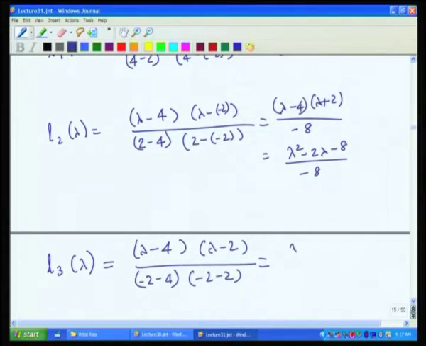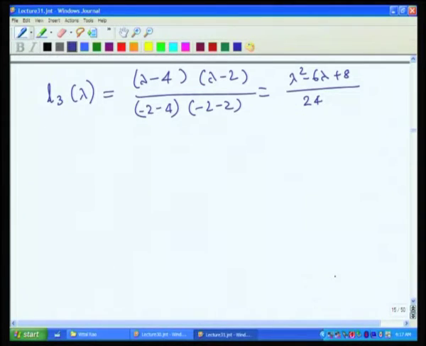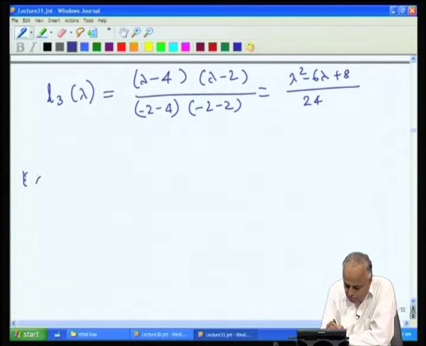This is equal to lambda squared minus 6 lambda plus 8 divided by minus 6 into minus 4, so it is 24. Whatever the simplification, we have got these three Lagrange interpolation polynomials. Let us look at another example.